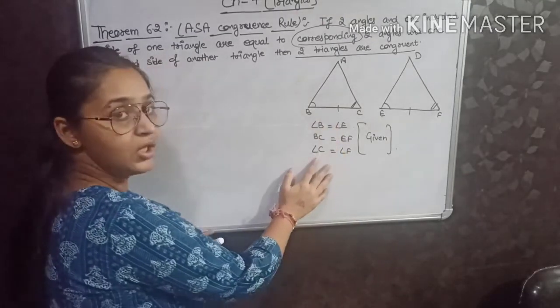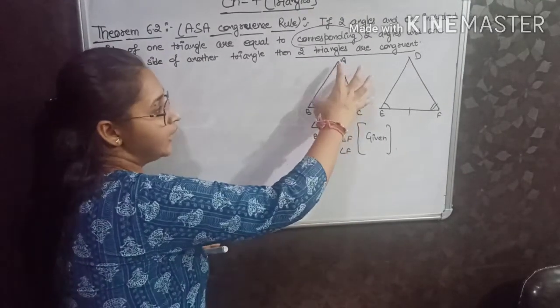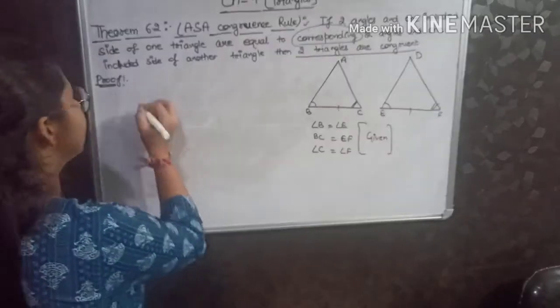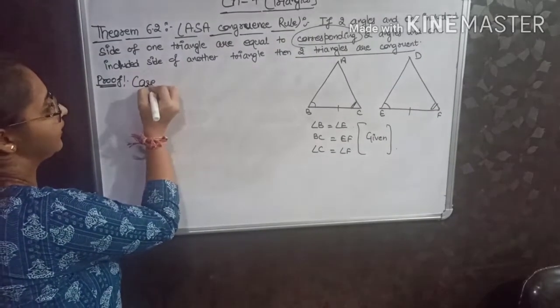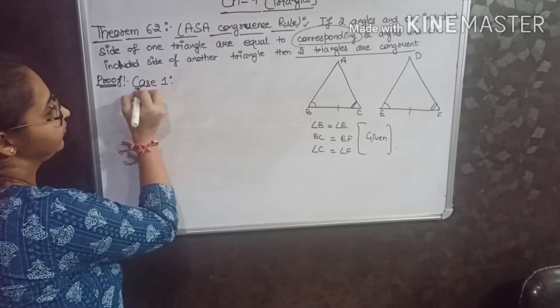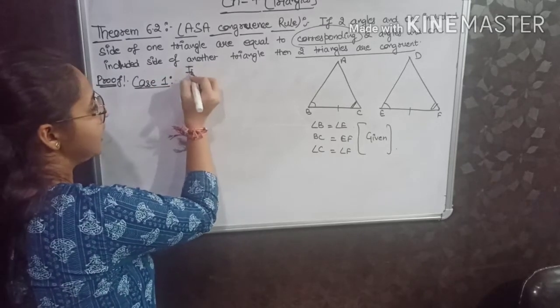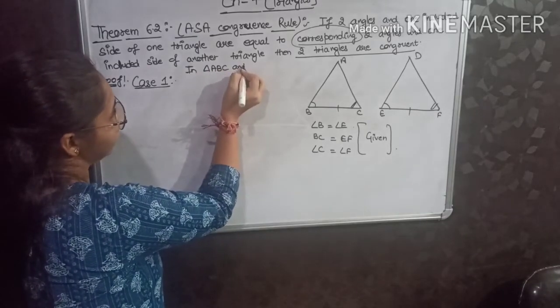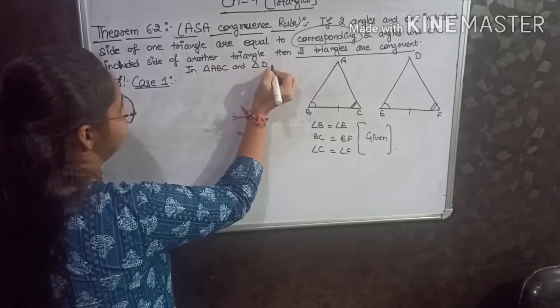Now there are three cases I have to take in triangle ABC and triangle DEF.